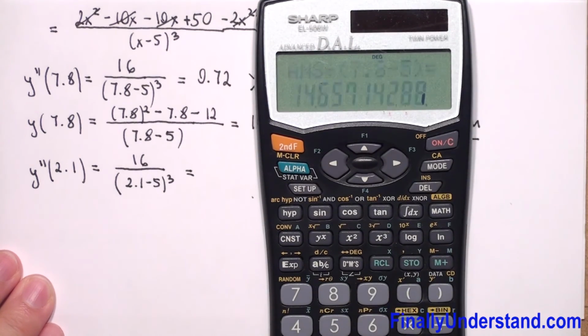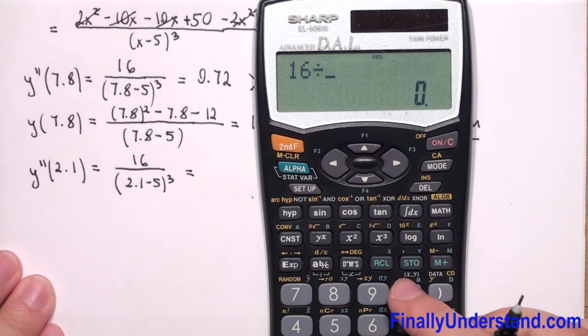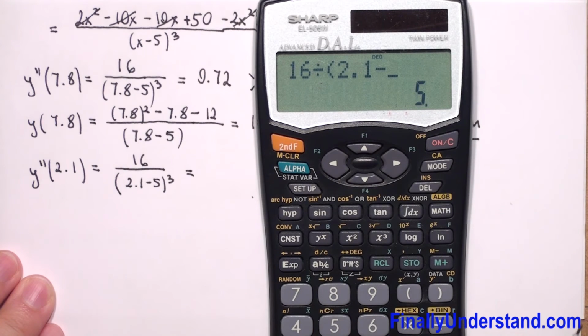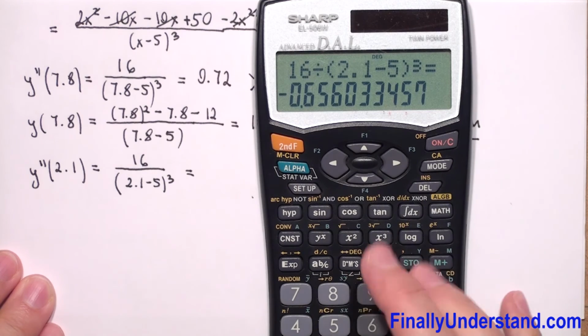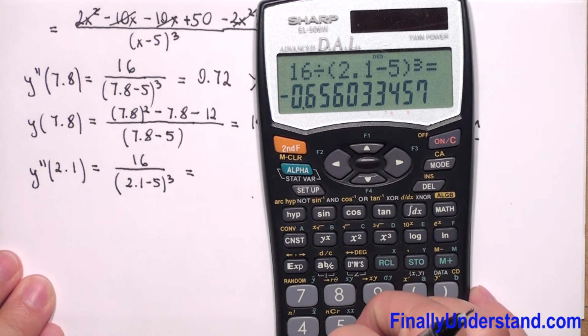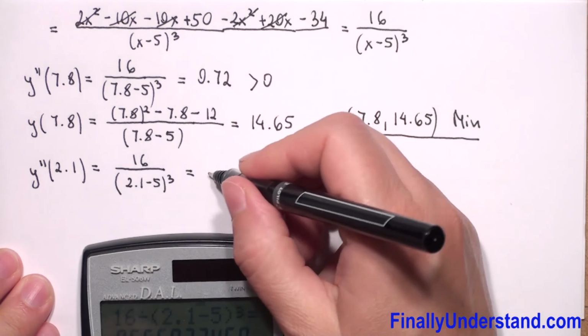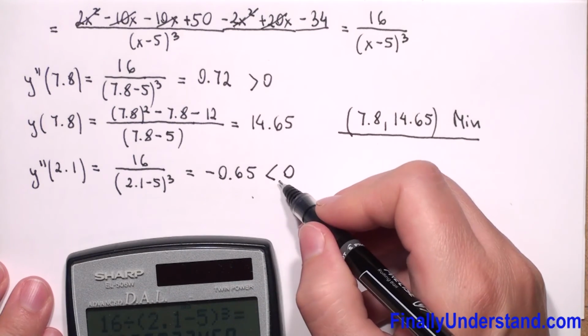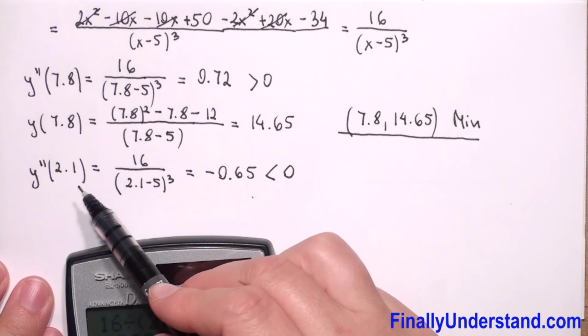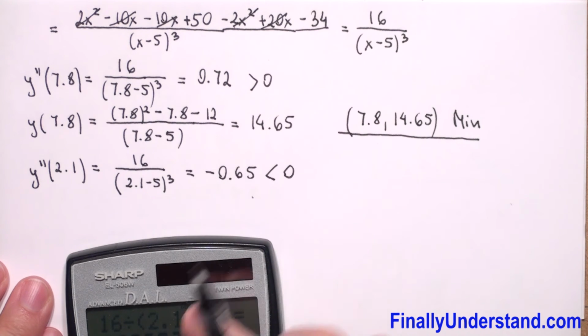So we have 16 divided by, open parenthesis, 2.1 minus 5, close parenthesis, to the third power. This is equal to negative 0.65. We got a negative value. It means for 2.1 we will have a maximum.